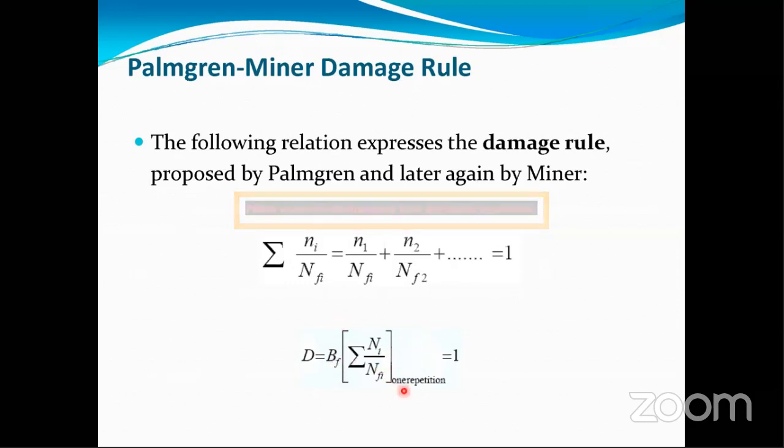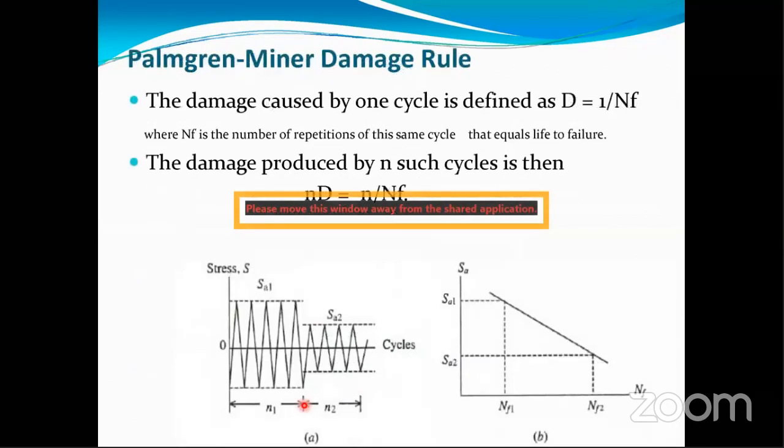So this is one repetition. If we take whatever I have shown here as a block, then if we have only one stress amplitude, we can simply say number of cycles. But if you have multiple stress amplitudes, we have to consider it as a total block.